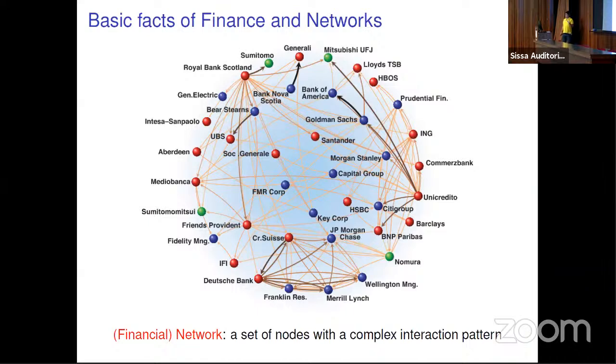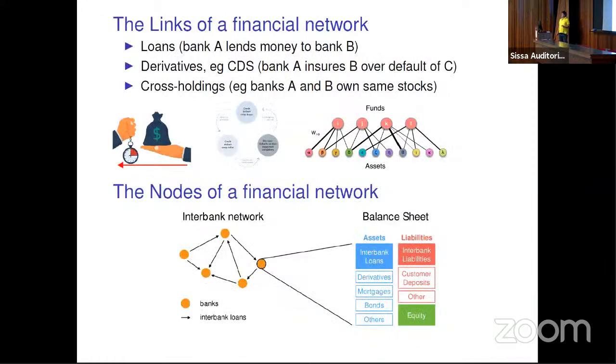There have already been many talks on networks, so I don't have to explain what a network is. Let me just focus on the specific features of financial networks in terms of links and nodes. There are many kinds of links depending on the instrument exchanged between two financial institutions, banks for brevity. The simplest interaction is a loan: a bank lends money, bonds, whatever, to another bank.